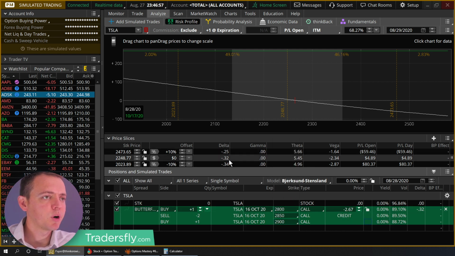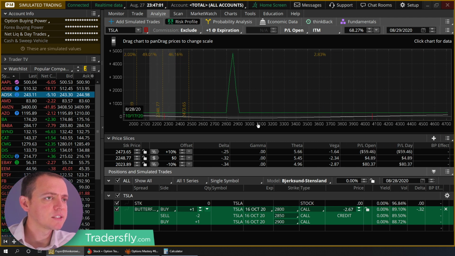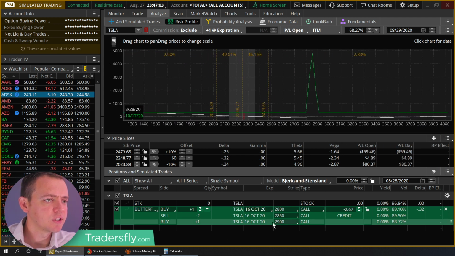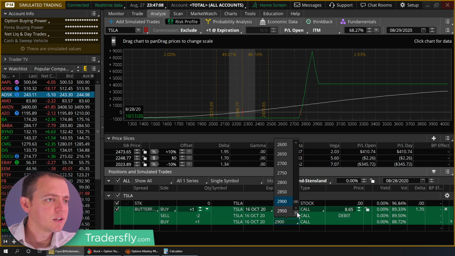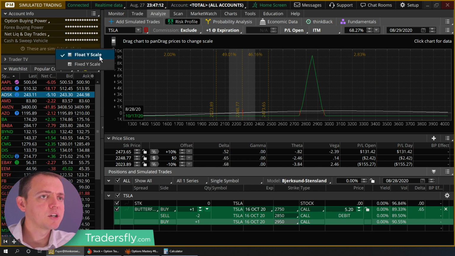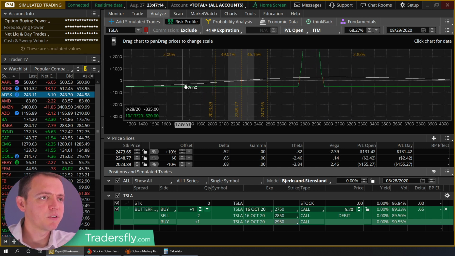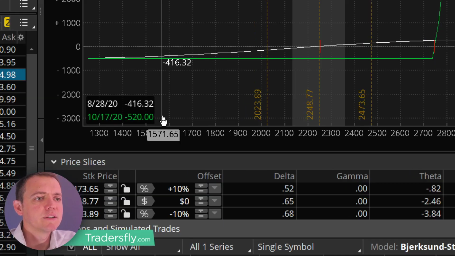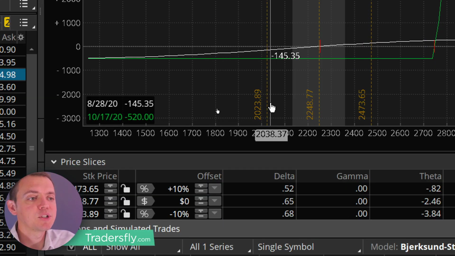So 50 points spread out one way or the other. Let's go to today. Let's see here what it looks like. Actually, this one I might need to even spread it out further. 2750, 2950, and there we go. So how much did it cost me to set up this butterfly spread? What's my risk? $520.